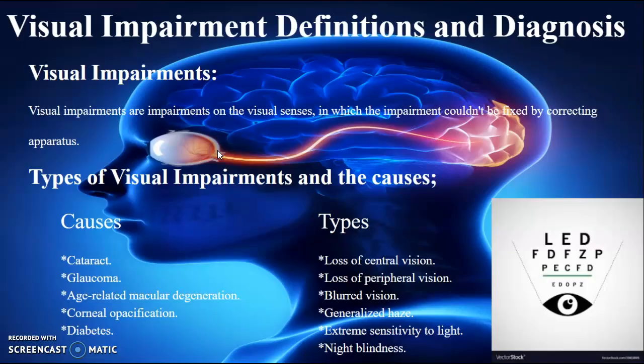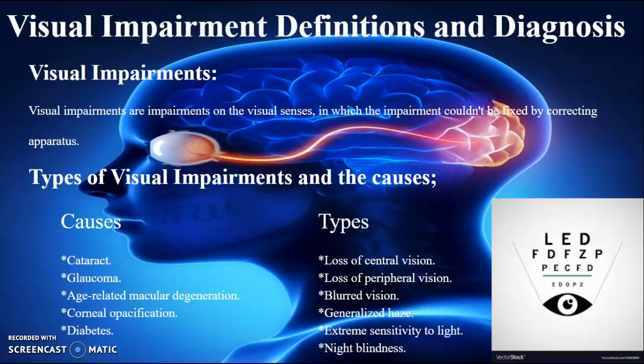Visual impairments. So basically, the definition is any disruption between the receptors inside your eyes and your visual cortex in your brain, any disruption between those connections that causes miscommunication or disconnect is considered a visual impairment.